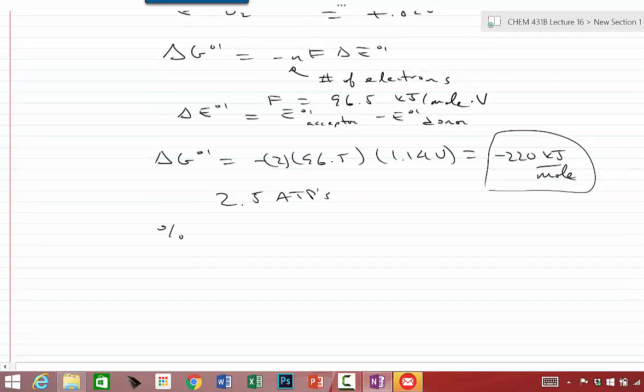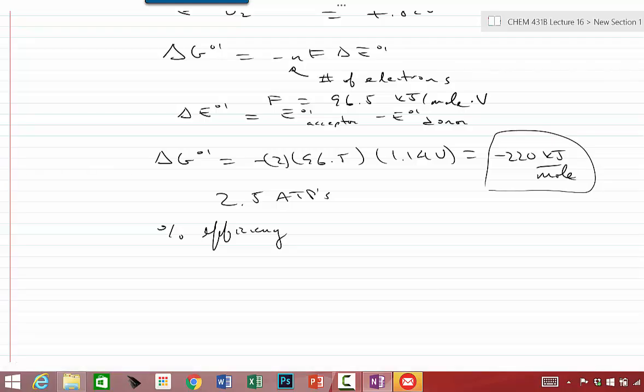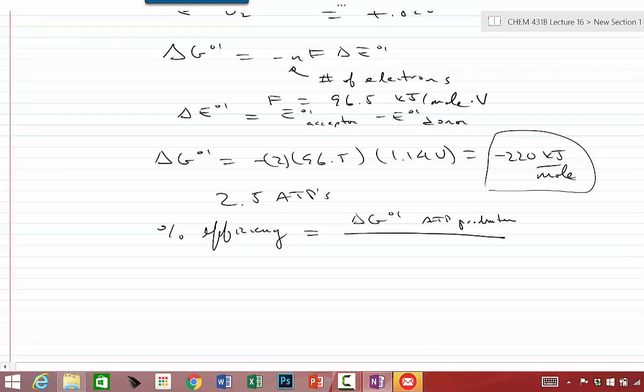And so we can actually figure out the efficiency of this process. So percent efficiency in terms of converting the energy from the oxidation of NADH into the production of ATP. The way we do this is percent efficiency is going to be equal to the delta G value for ATP production divided by the delta G value for NADH oxidation.